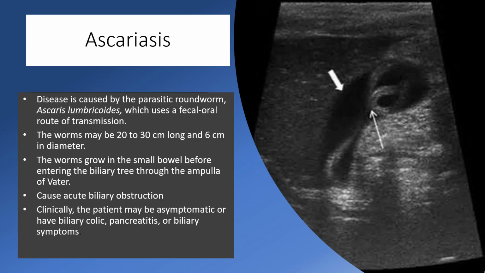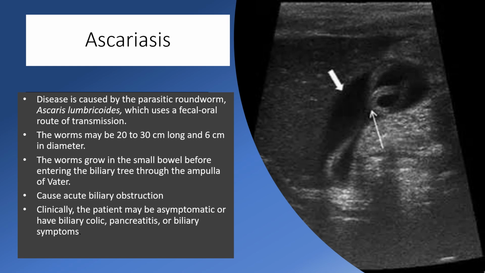We talked briefly about ascariasis when we discussed the liver. This is a disease caused by a parasitic roundworm, and it's a fecal-oral transmission. So it ends up in the feces of other animals, and then somehow gets into the alimentary tract, through the oral cavity.